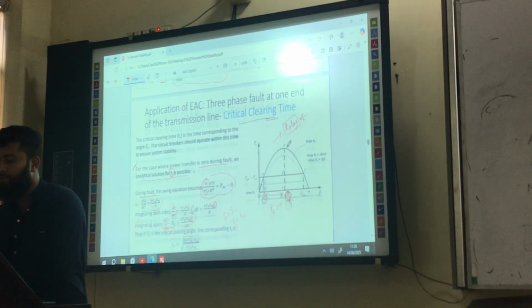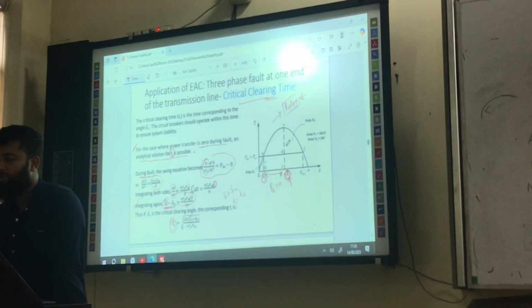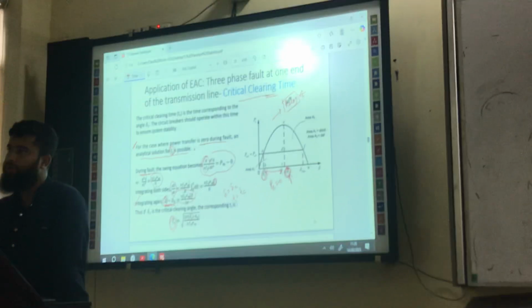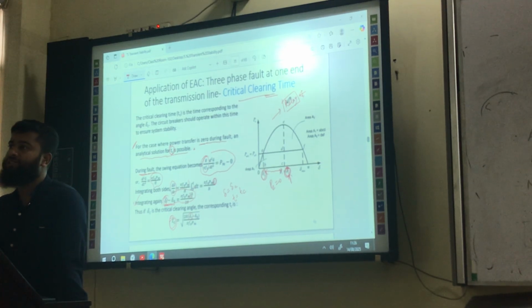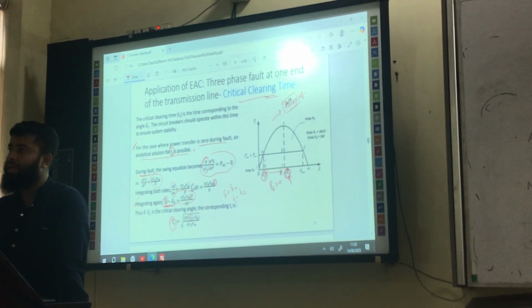So if the fault doesn't get removed from the system within that time, then the relay will operate and it will shut down the system. Otherwise the system will go unstable, which is the undesired case, because there will be a lot of damage inside the components. So it's better to turn off all the things. The relay will sense that the fault is not clearing within the time, so it can just turn off everything.